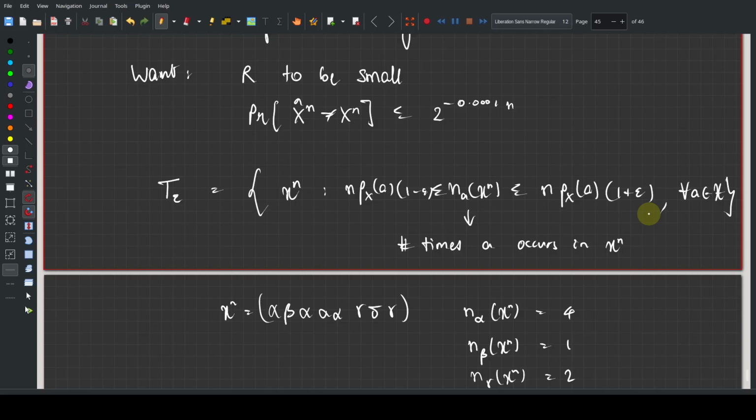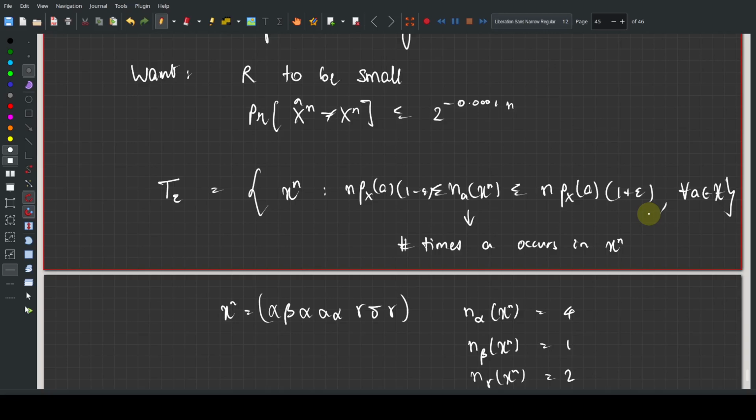Correct? So now if I had three symbols 0, 1, 2, then this is the set of all possible sequences for which the fraction of zeros is close to P(0), the fraction of ones is close to P(1), and the fraction of twos is close to P(2). Correct? That's all this set is.